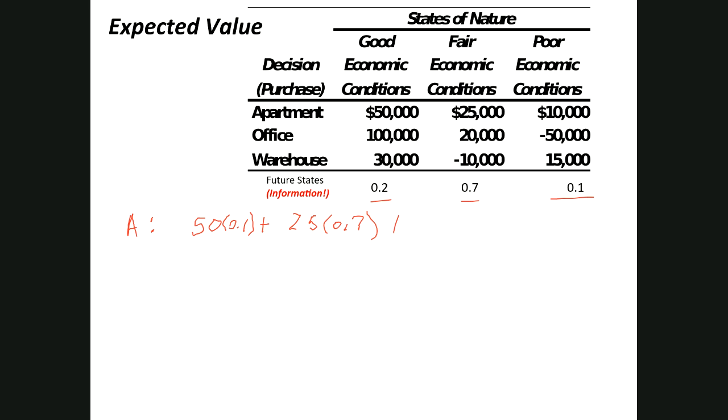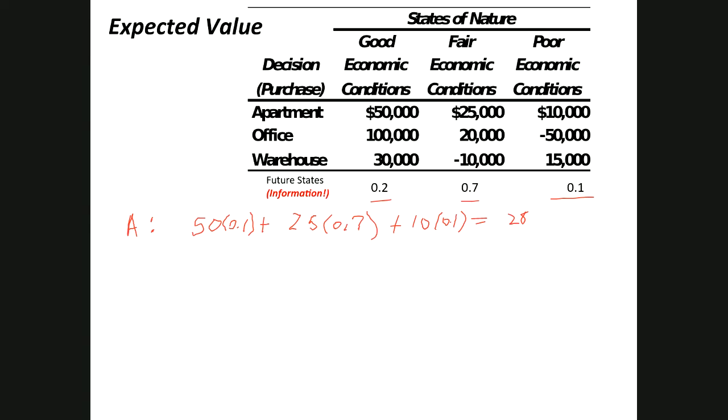And if the economy is poor, we'll return $10,000, and there's a 10% chance that will occur. When we do those calculations, it turns out that this value is 28,500.